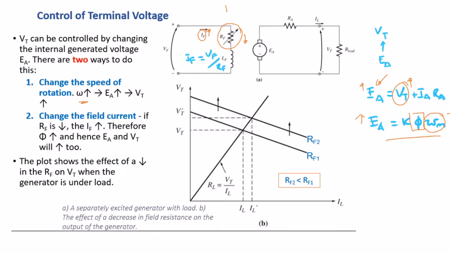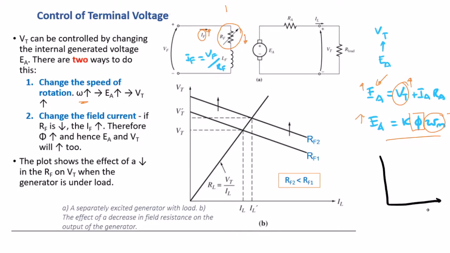So if you reduce RF, IF will be increased, and then when the field current is increased, the flux generated by the field circuit will also be increased. The relation between the field current and the flux is given by the magnetization curve. If you remember the magnetization curve, I drew it on the right hand side.